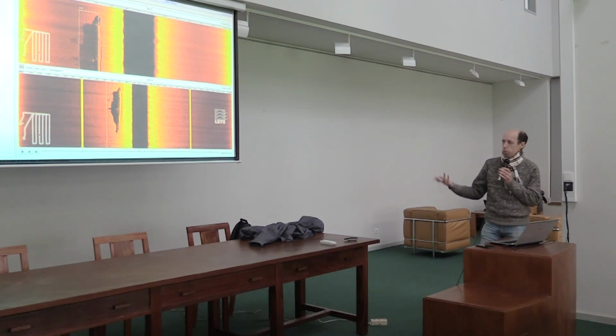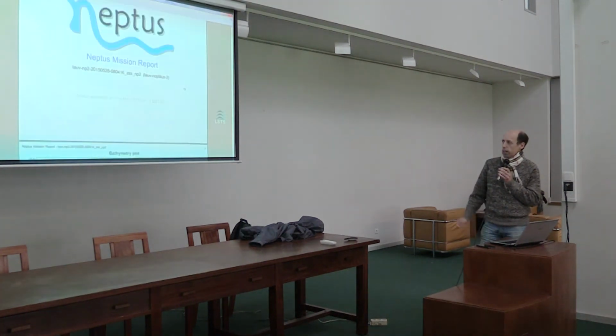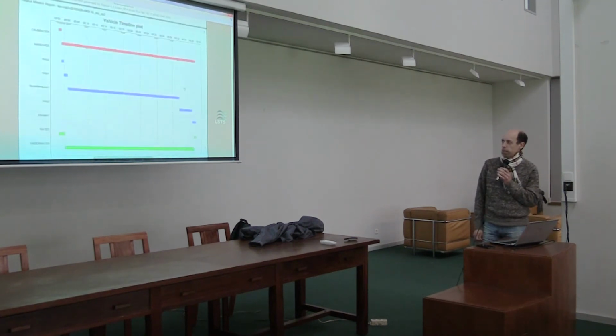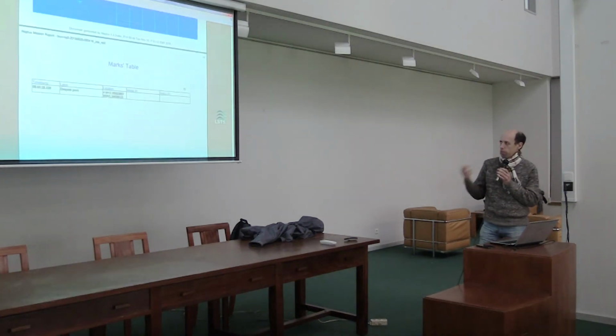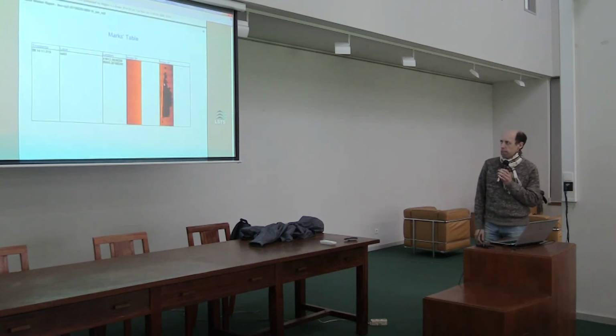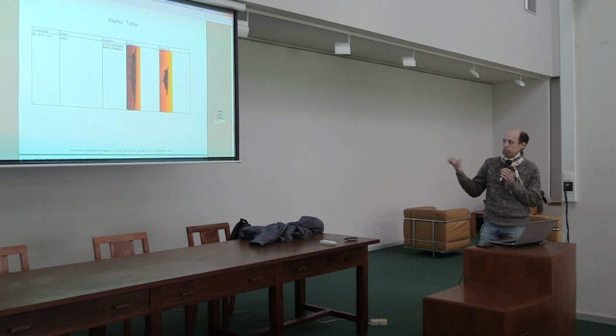to a PDF, which has a subset of those charts, and you can just see the plots that were created for this mission. Then you can see the marks that we made on the side scan, which you can basically give to divers to classify.